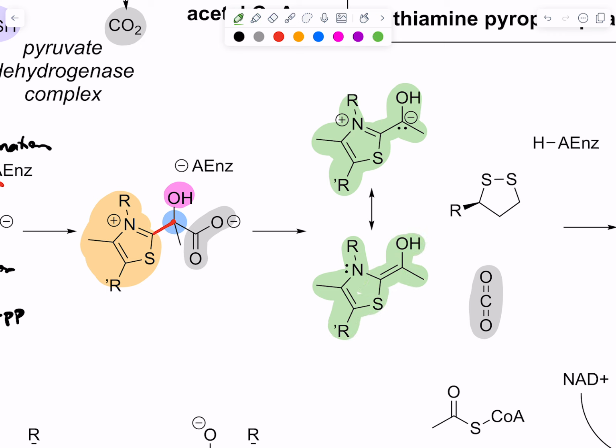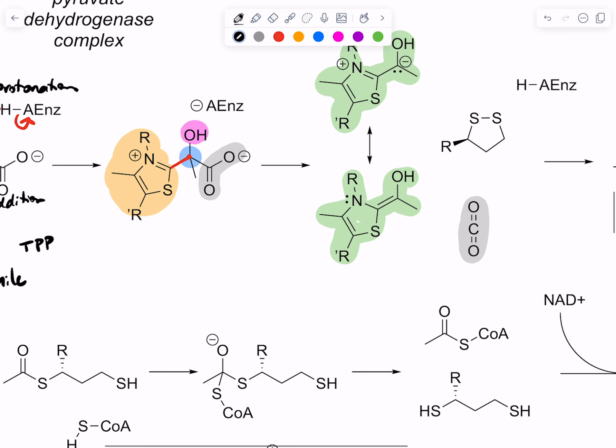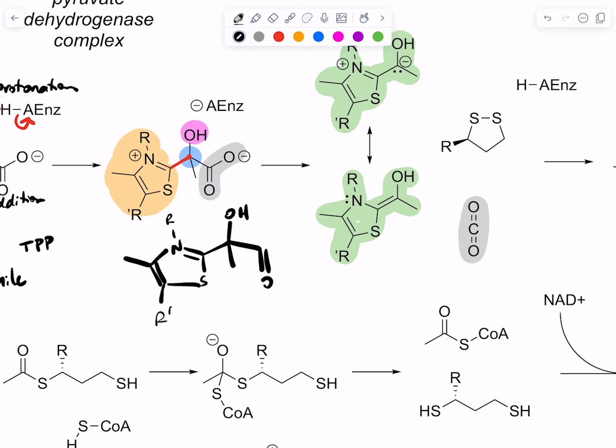What I'm going to do at this stage is redraw our intermediate so that I can label it with color a little differently than I did above. So here is the 5-membered ring of TPP. Here's the bond to the carbon. And here is the carboxylate group.